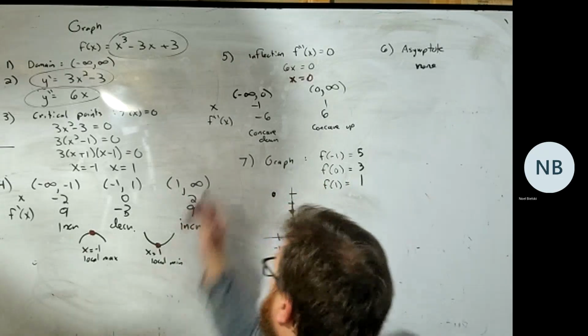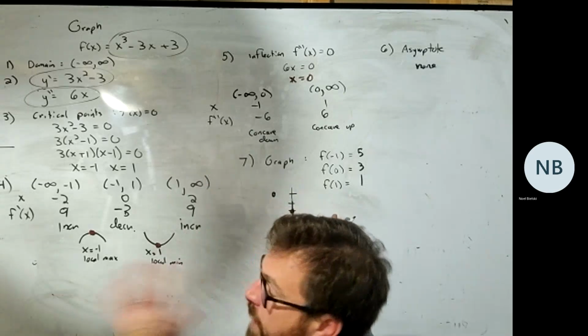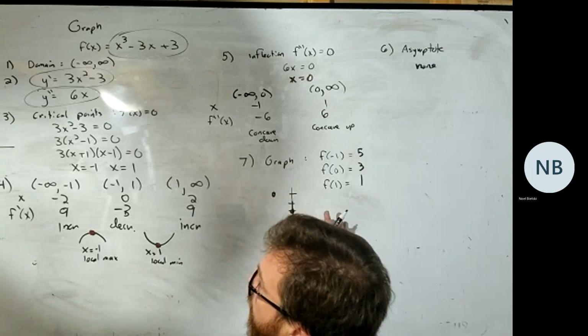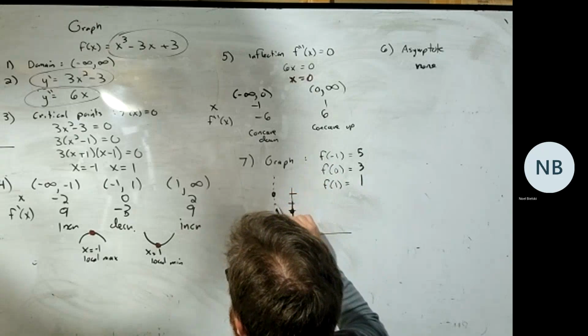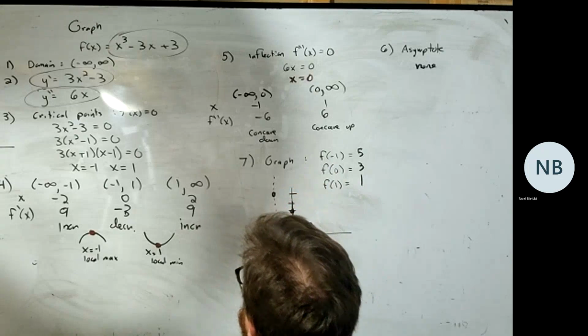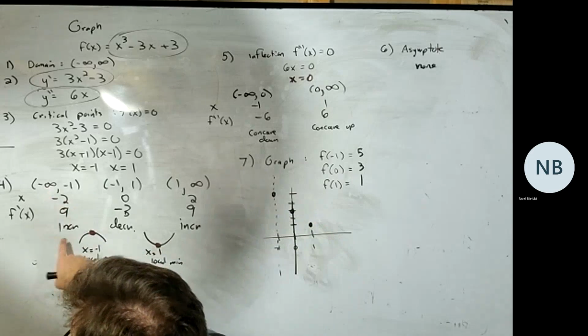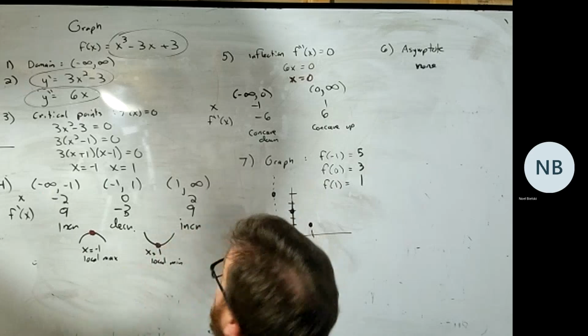Now, remember, it's not just some straight line that runs through those numbers. These things have increasing and decreasing and concavity. From -infinity to -1, this thing is increasing, so it's going uphill.